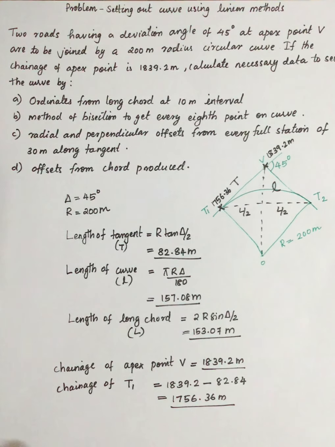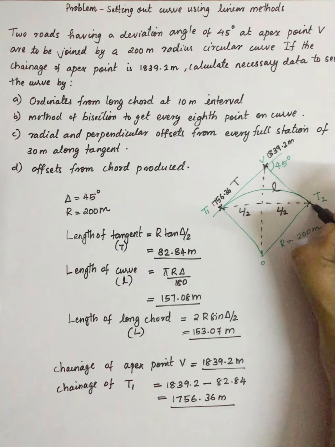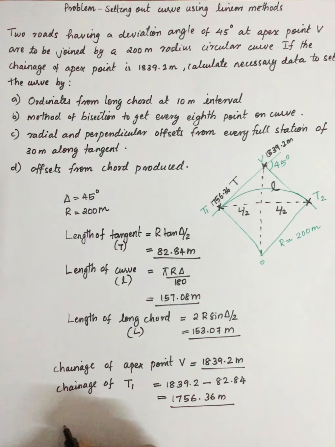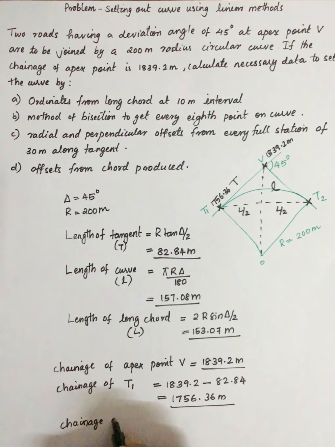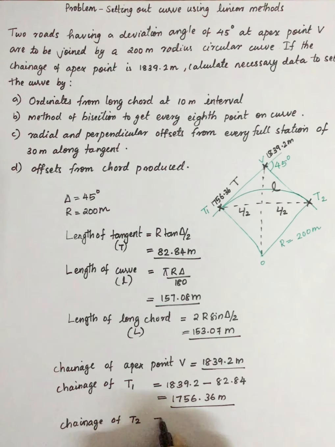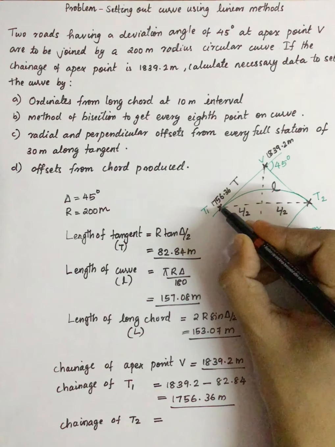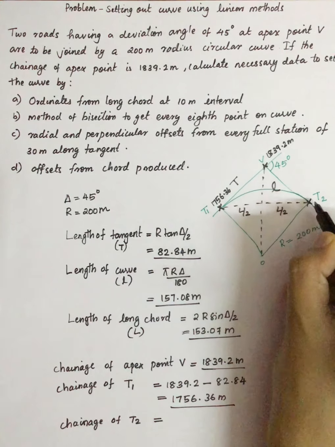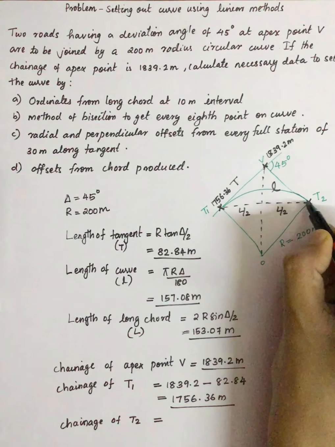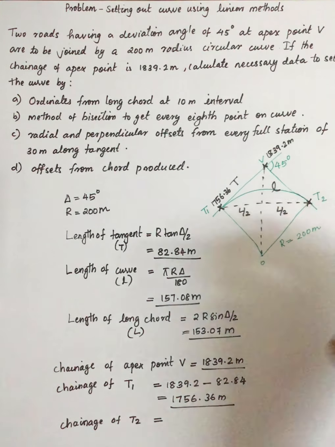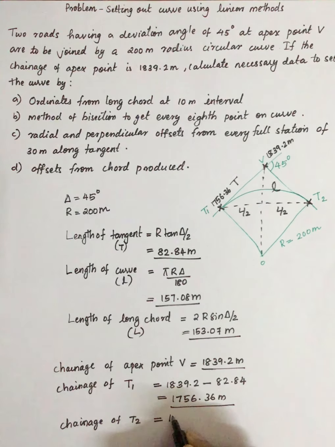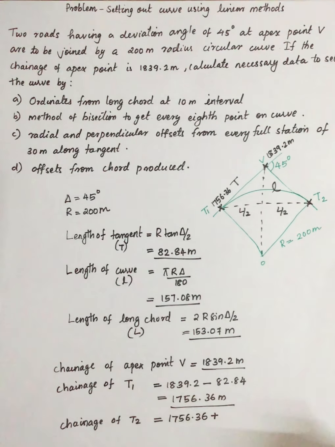Okay, now we can also calculate the chainage at T2, right? Chainage of T2 is equal to the chainage of T1. With that you can add the length of the curve so that you will reach at this point, isn't it? So chainage of T1 plus length of the curve.